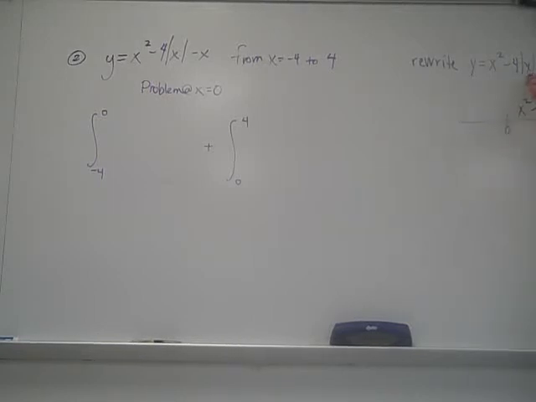When I pick a number less than 0, it gives me a negative inside the absolute value bars. All that means is the sign in front of the absolute value bars changes. Only that sign, not all of the signs. So I'm going to have x squared, and instead of minus, I'm going to have plus 4x, but it's still going to stay minus x.